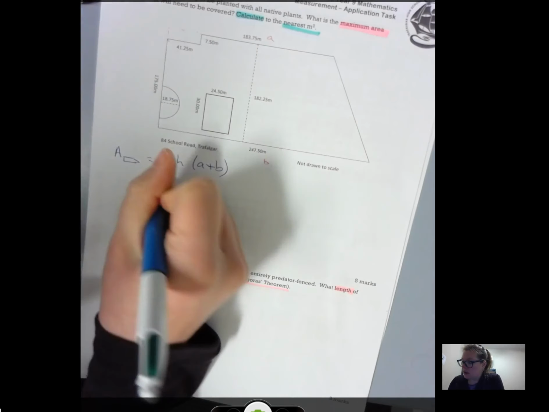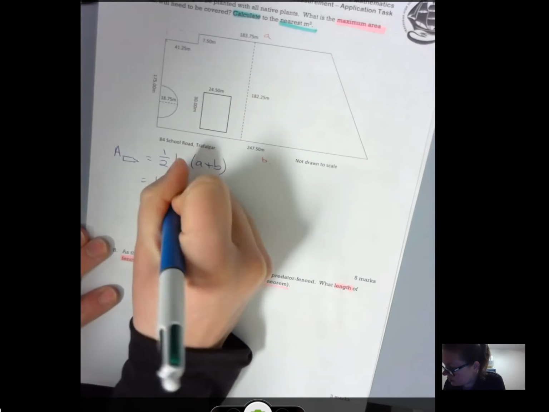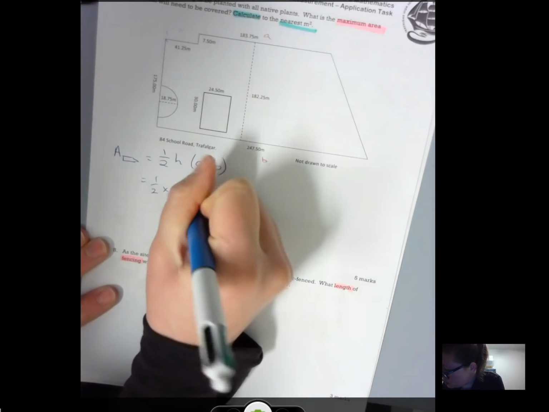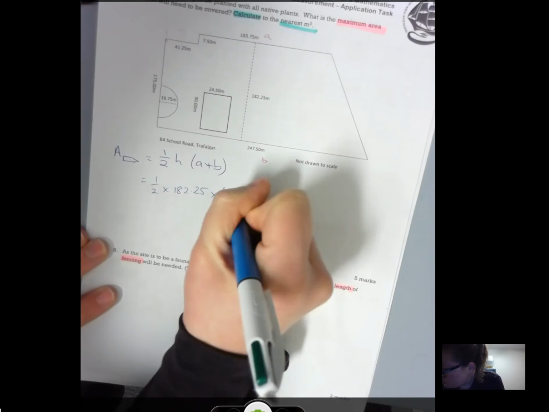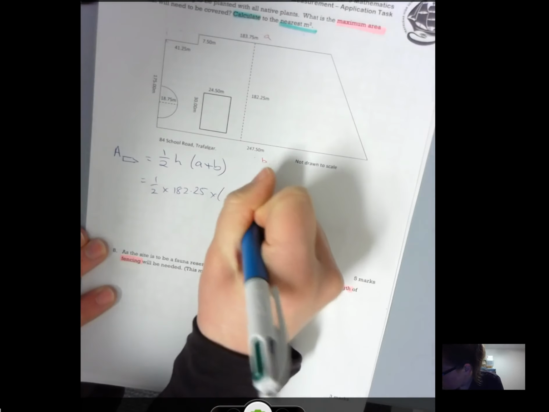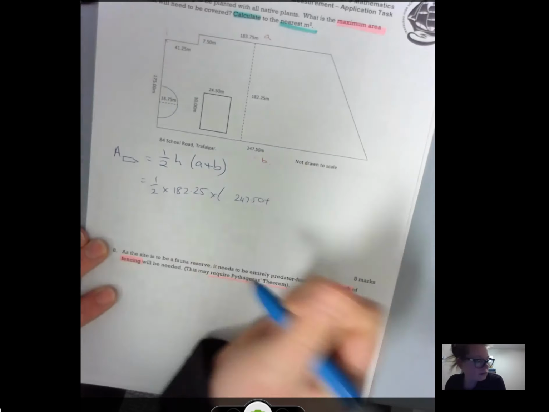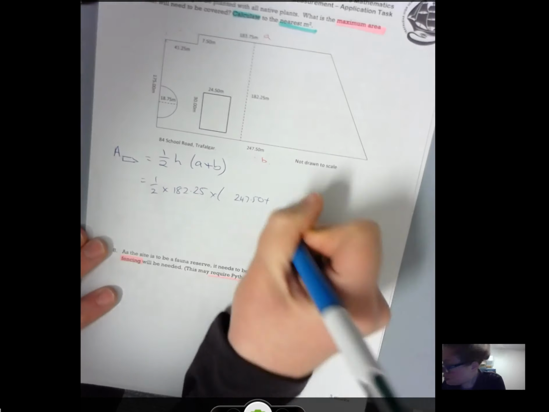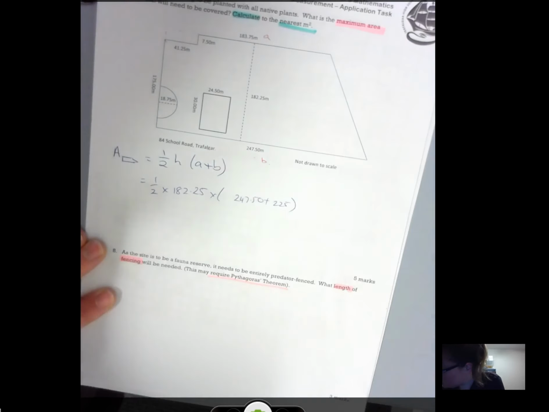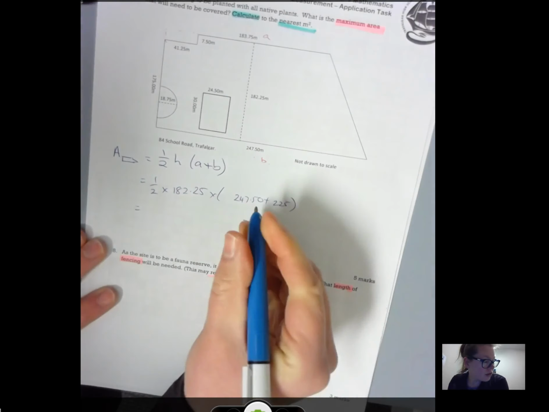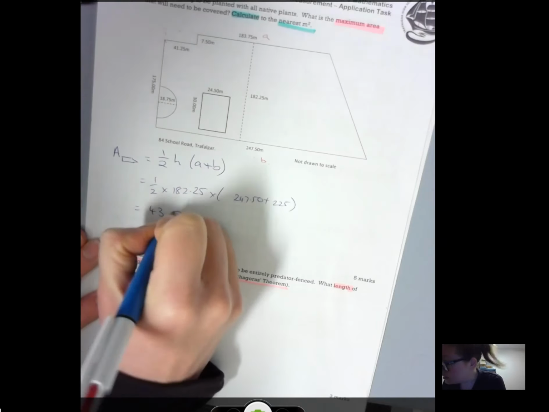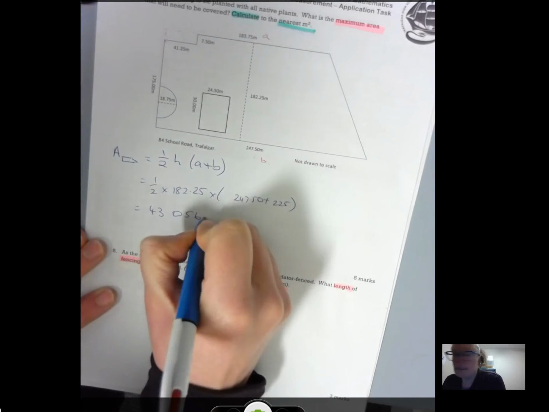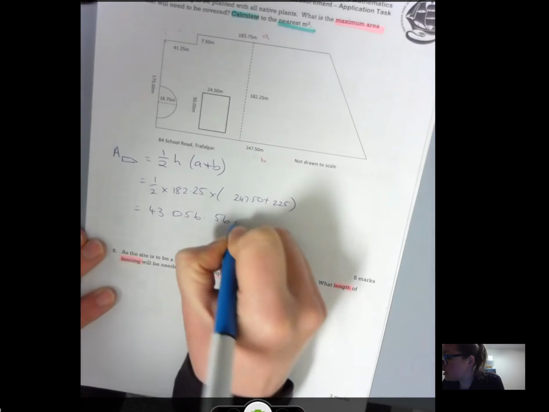So I end up with 1/2 times 182.25 meters times bracket 247.5 plus 225, which gives me an answer of 43,065. Don't round until the end.